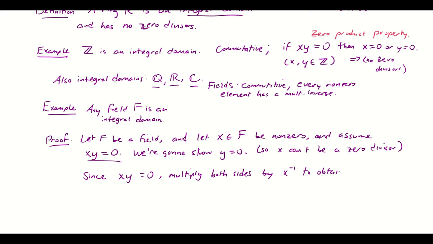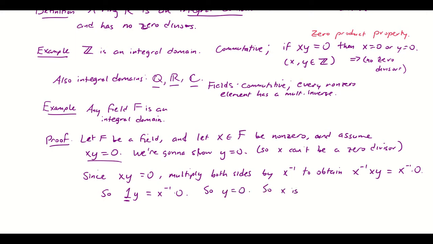This gives us x inverse times xy equals x inverse times 0. Well, x inverse times x is 1, so that means that 1 times y equals x inverse times 0. And we have a property of multiplication that says that anything times 0 is 0. And of course, 1 is the multiplicative identity. So this means that y has to be 0, which is what we wanted to show.